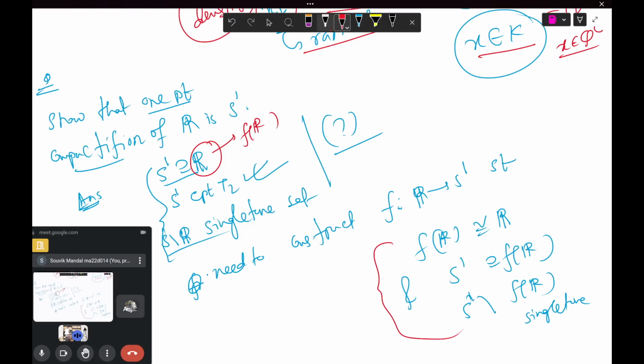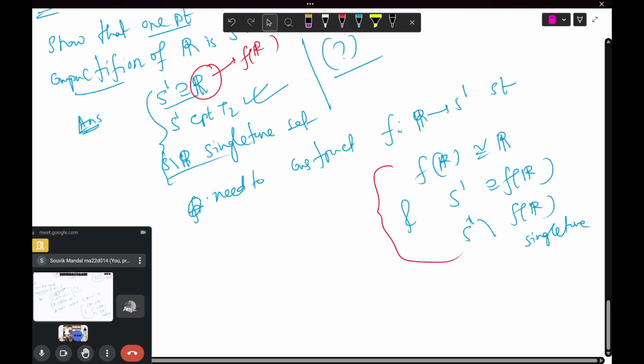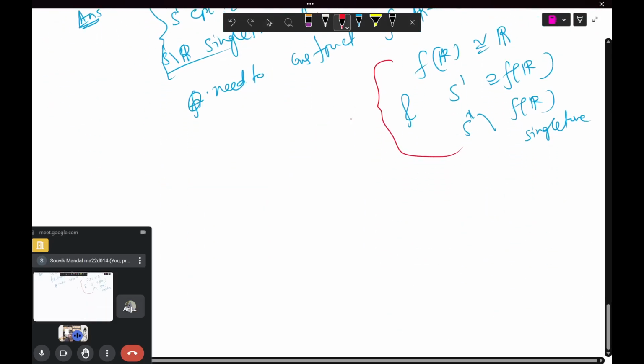Do you know stereographic projection? No, sir. So what is the stereographic projection?